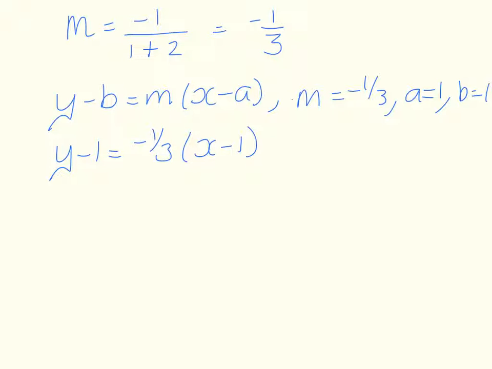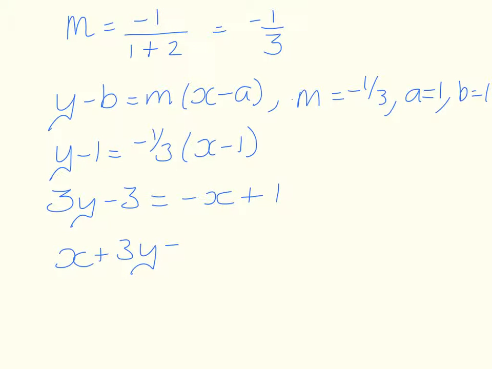I'm going to multiply through by 3 to get rid of that fraction. So 3y minus 3 equals, I'll multiply out the bracket at this point also, negative x plus 1. Then I'm going to move things over to tidy up. So x plus 3y equals 4. Okay.